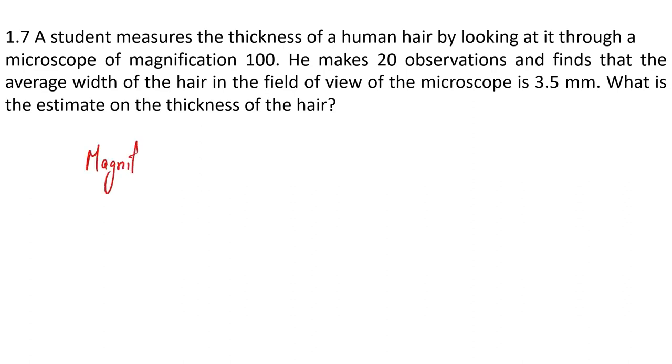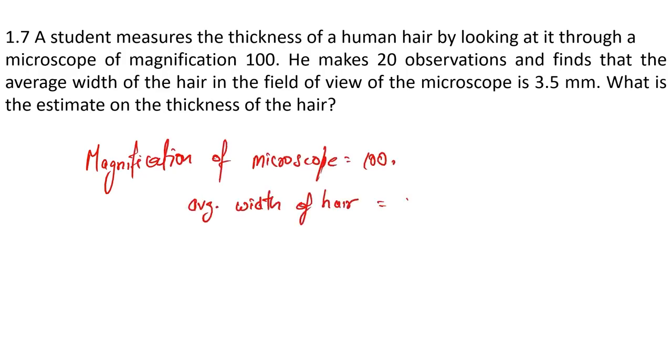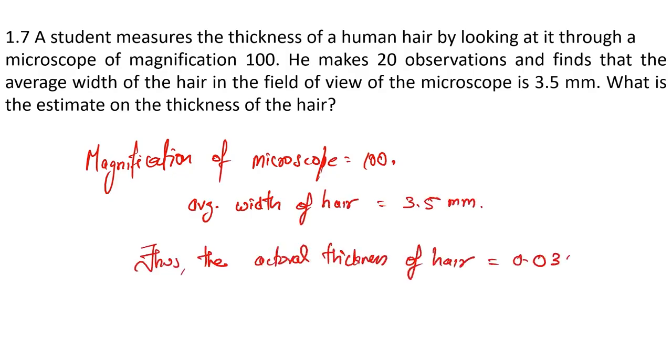The average width as observed is 3.5 millimeter. The actual thickness of the hair would be the average width of the hair divided by the magnification of the microscope, and that would be equal to 0.035 millimeter.